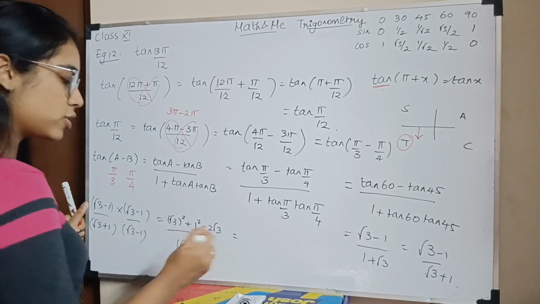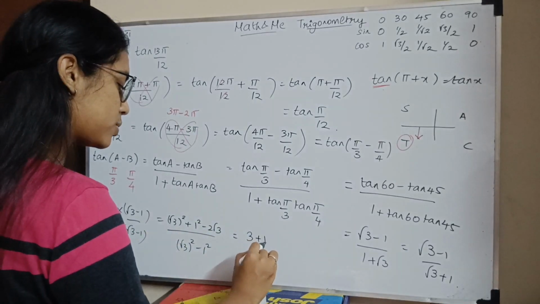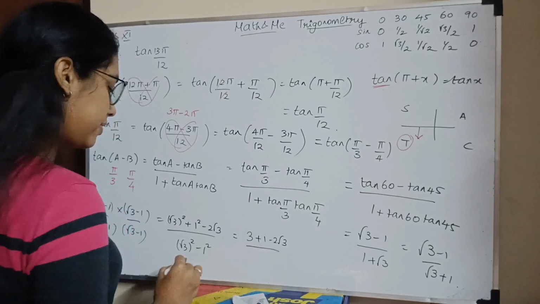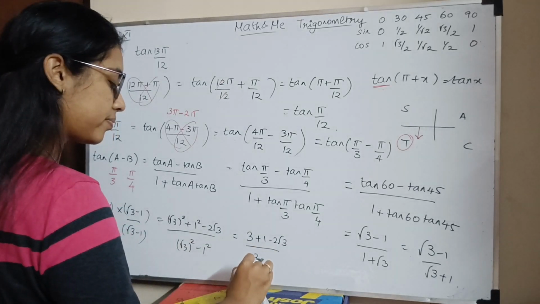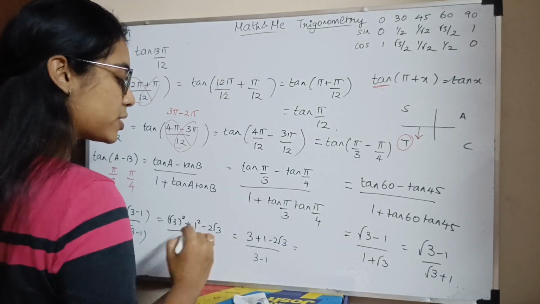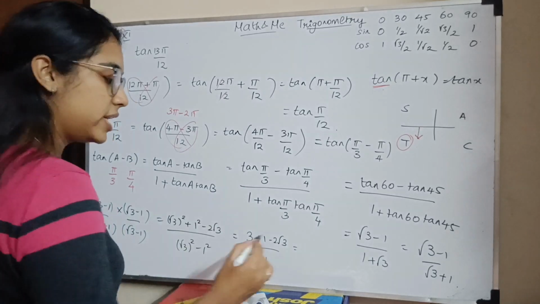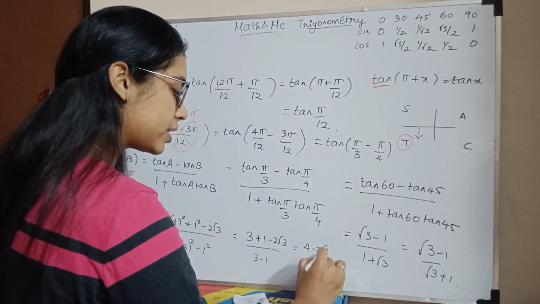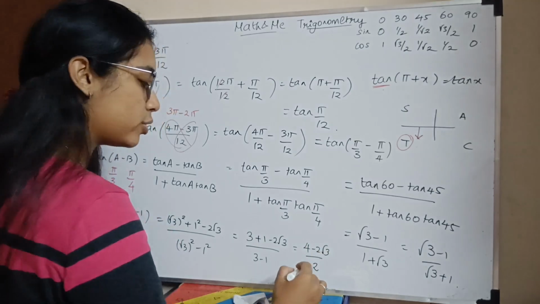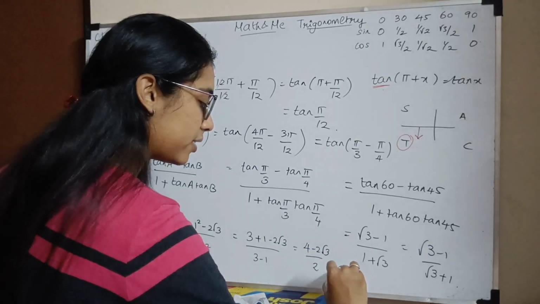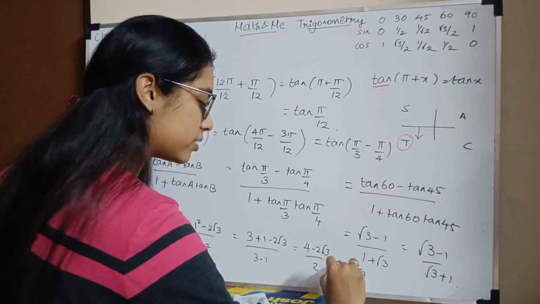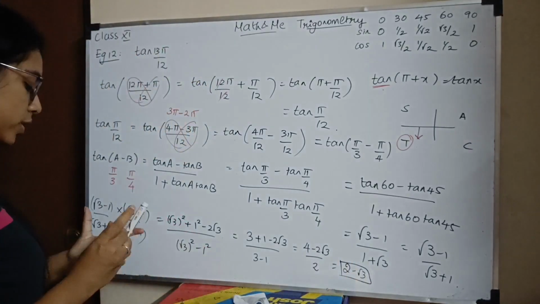So this will be root 3 whole square, which is nothing but 3, plus 1 minus 2 root 3, divided by 3 minus 1. So I have 3 plus 1, 4, 4 minus 2 root 3. 2 is common, so 4 minus 2 root 3 divided by 2. So when I take the 2 common, I'll be left with 2 minus root 3. So this is my final answer. 2 and 2 will get cancelled.